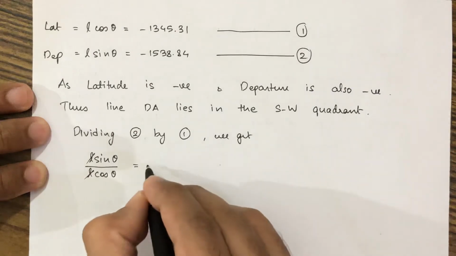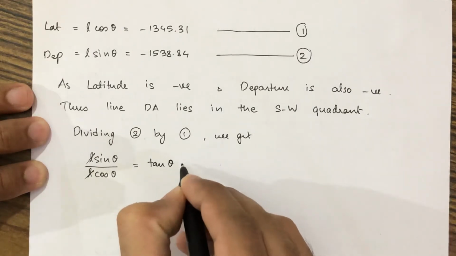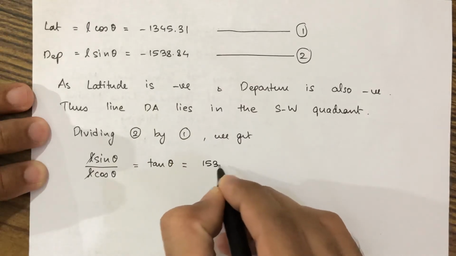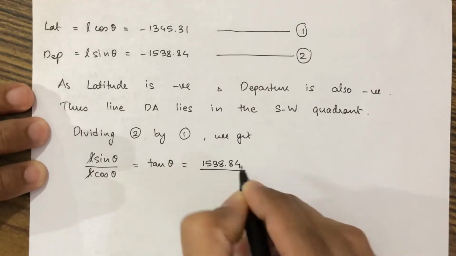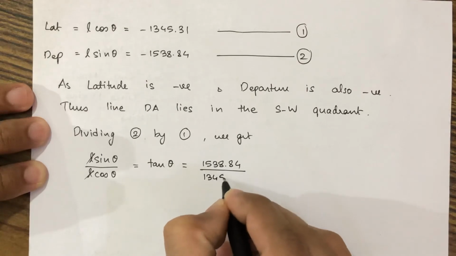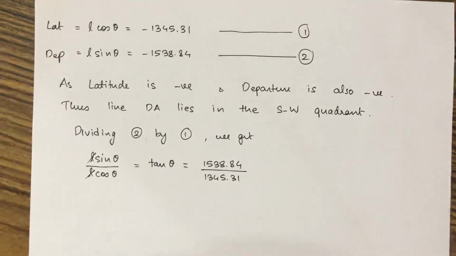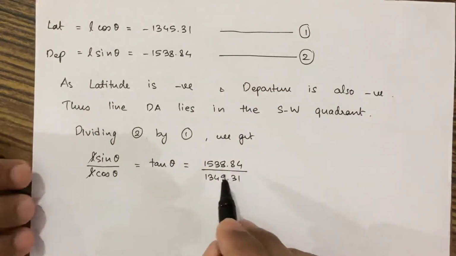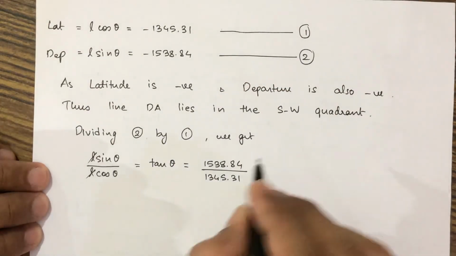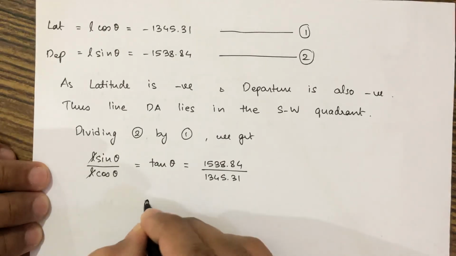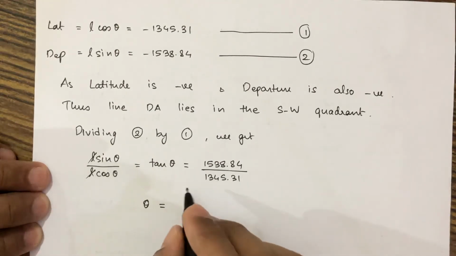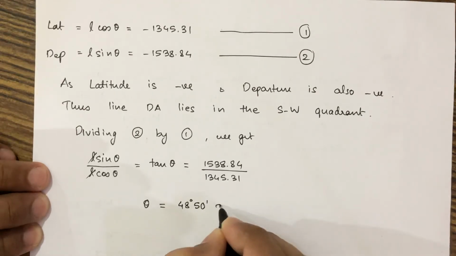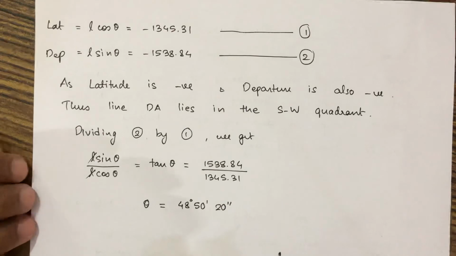So sin theta upon cos theta is tan theta, and this is equal to 1538.84 upon 1345.31. Here no need to apply the negative sign. So this value of theta comes out to 48 degree 50 minute 20 seconds.